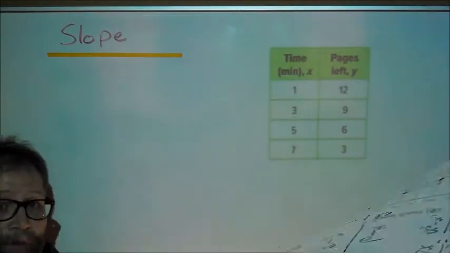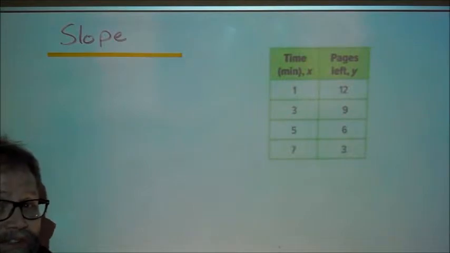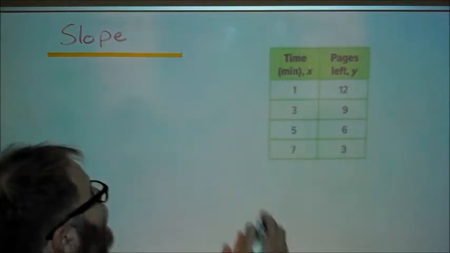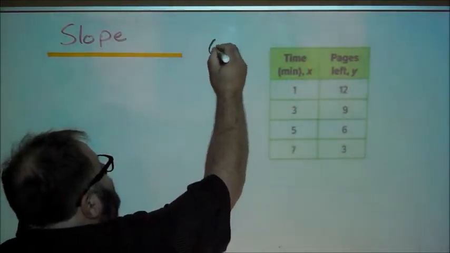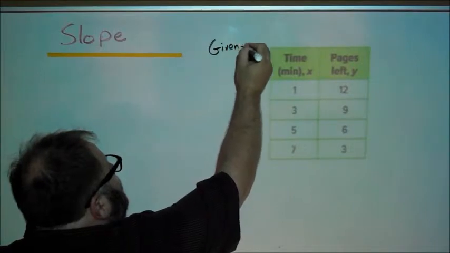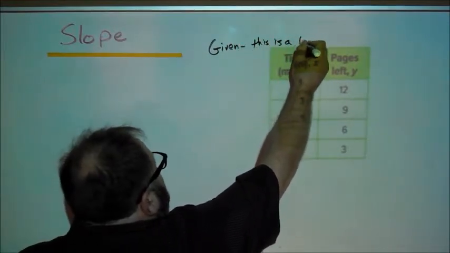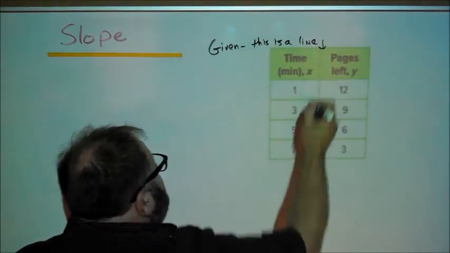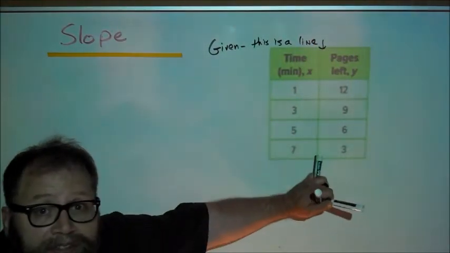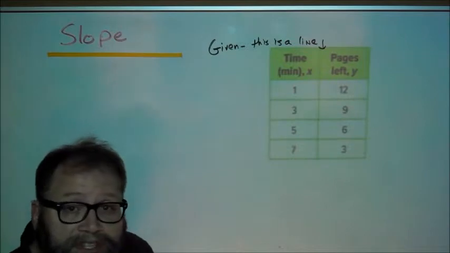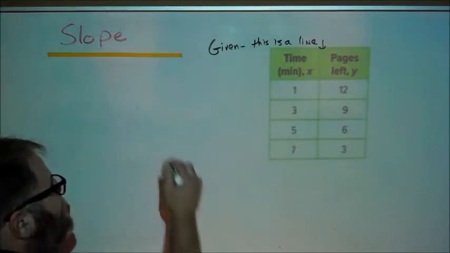Now we have a table, and in order for us to find the slope of this table, what we have to know is that given this is a line, this represents a linear equation, but just in table form. Let's go back to slope.